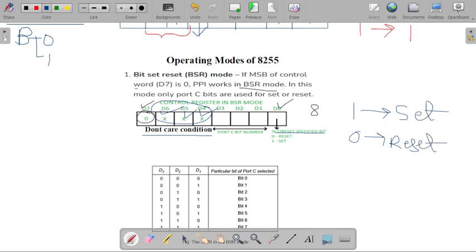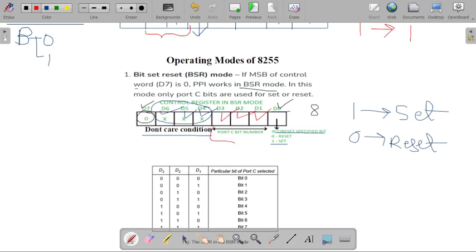Whenever we have to set in BSR mode, we use 1, and whenever we have to reset, we use 0. So we put in the D0 bit either 1 or 0 depending on the operation given in the example.